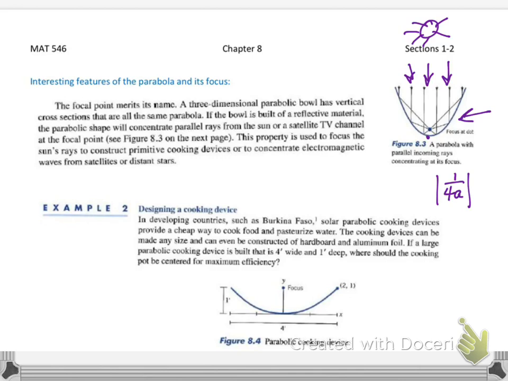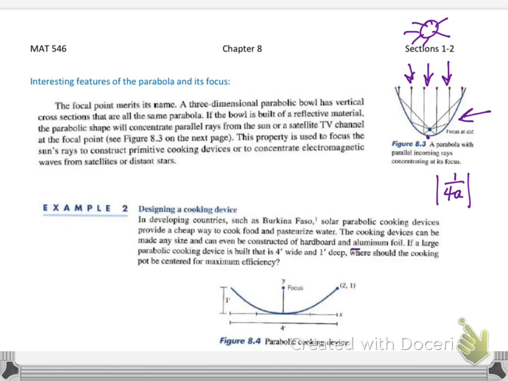So let's work on an example of this. It says designing a cooking device. In developing countries such as Burkina Faso, solar parabolic cooking devices provide a cheap way to cook food and pasteurize water. The cooking device can be made any size and can even be constructed of hardboard and aluminum foil.